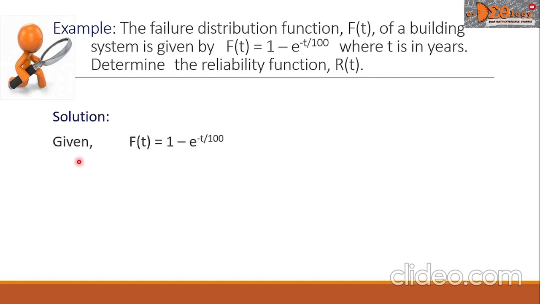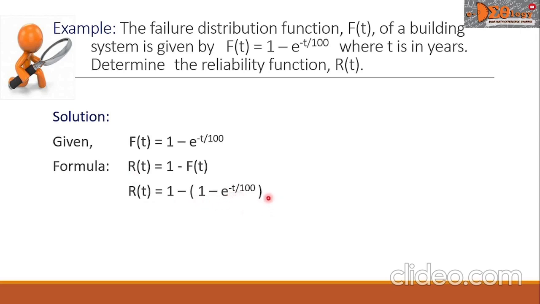We note that the given here is the capital F of t, and this is the value. So we will use our formula. Capital R of t is equal to 1 minus capital F of t. Substituting the value for this capital F of t, the formula of R becomes like this: 1 minus the quantity, 1 minus e raised to negative t over 100.